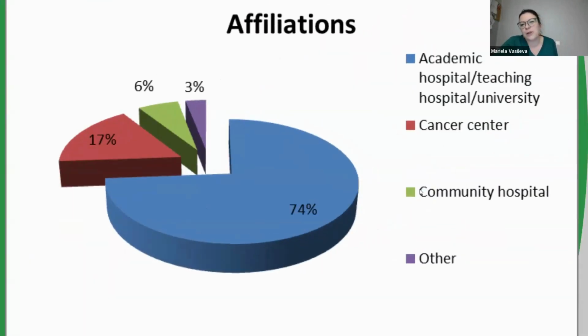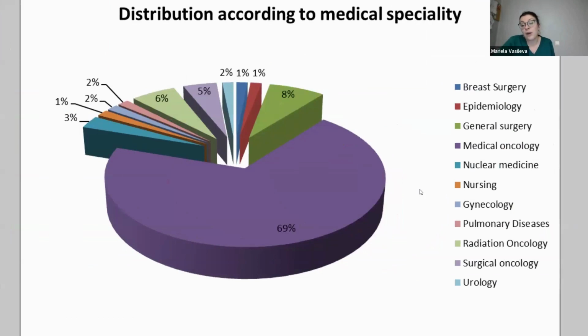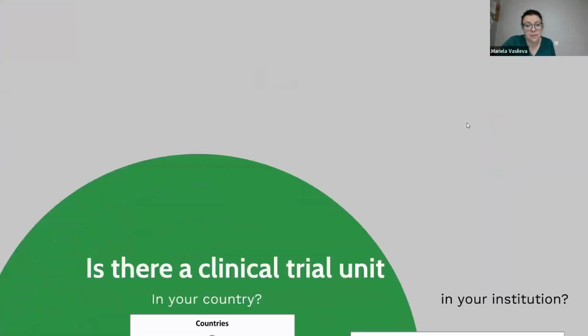Most of them were working in academic teaching hospitals or cancer centers, so it was good in this way. As usual, most of our responders were medical oncologists. This was also because it was spread through the MCCR network, but there are quite a number of surgical oncologists, general surgeons, and even breast surgeons.